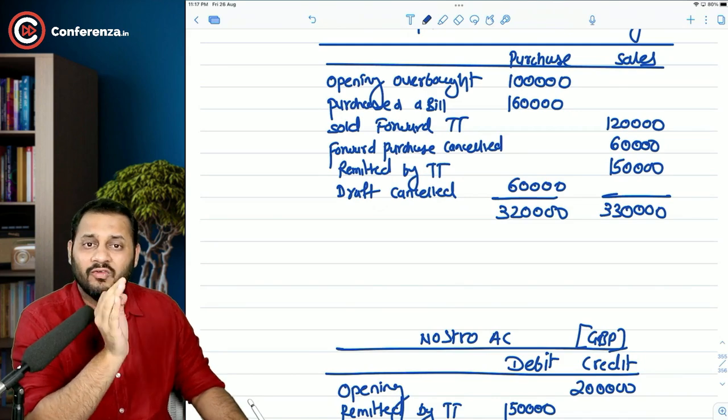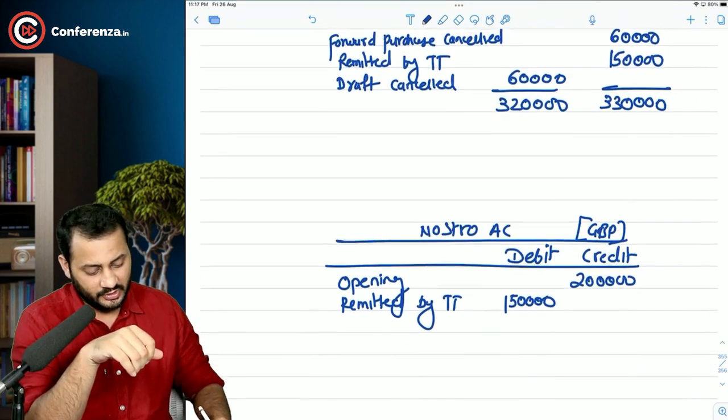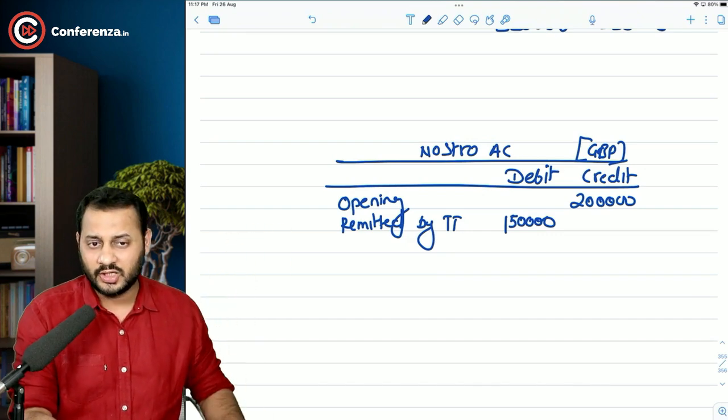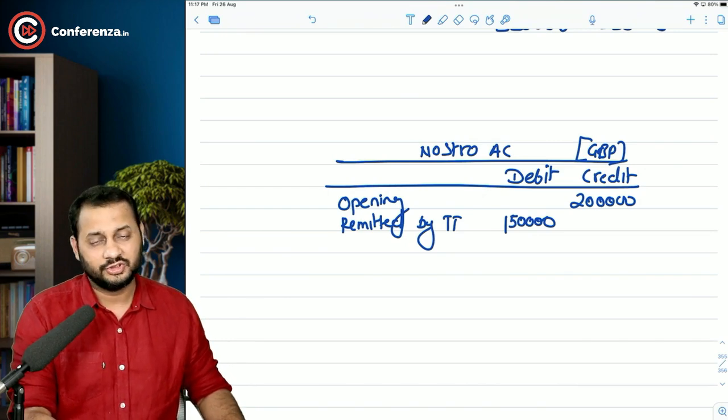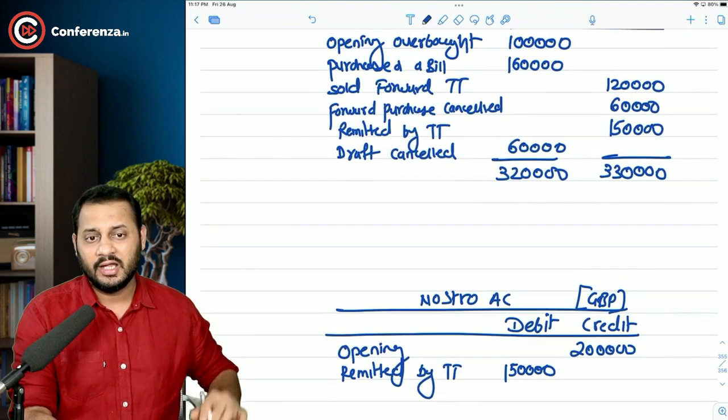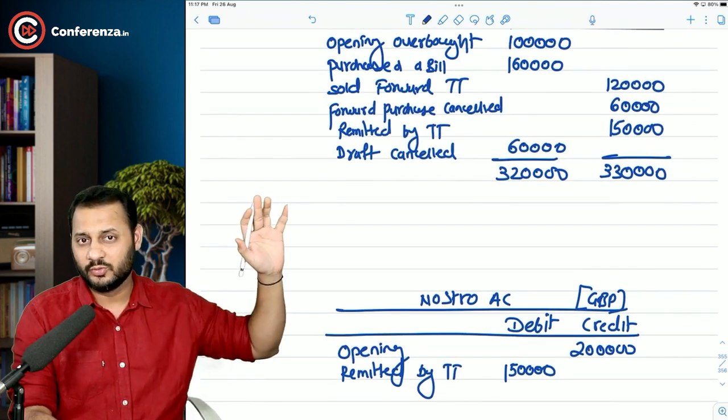So I have an oversold position. And if you look at the Nostro account, you can clearly see that we have a credit balance of 50,000 GBP. So 50,000 is the closing balance in Nostro and 10,000 is the oversold position.